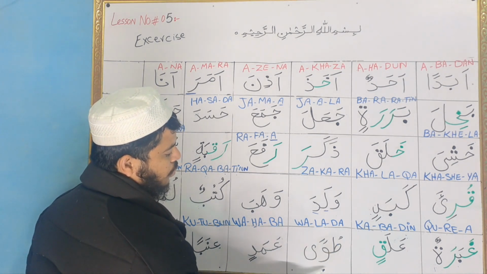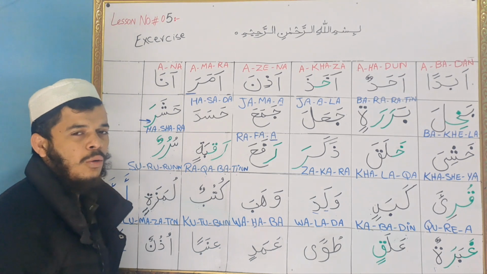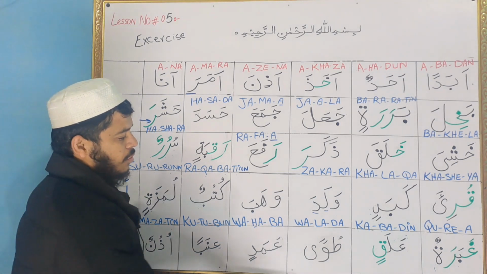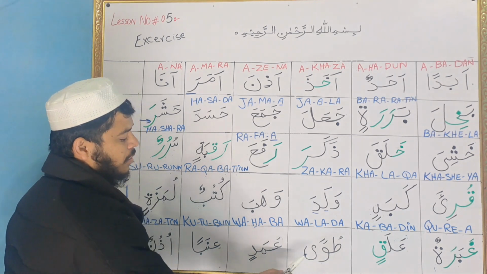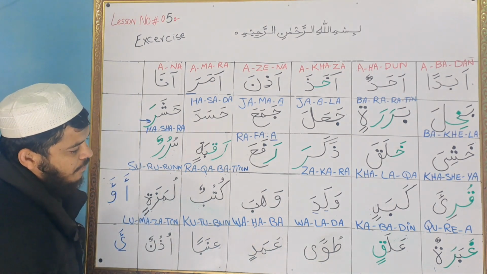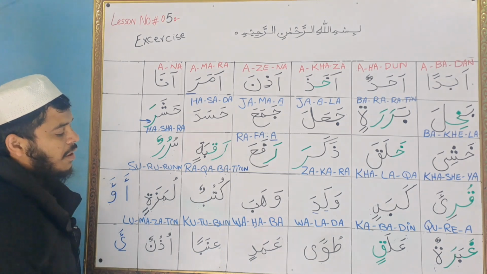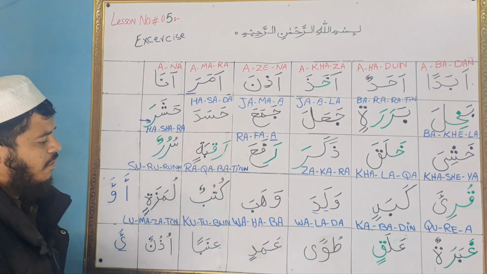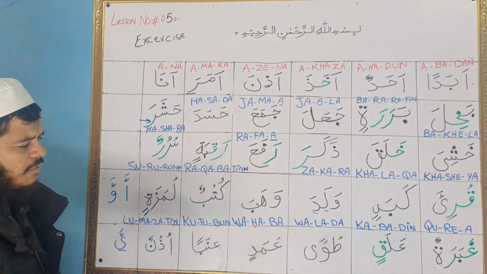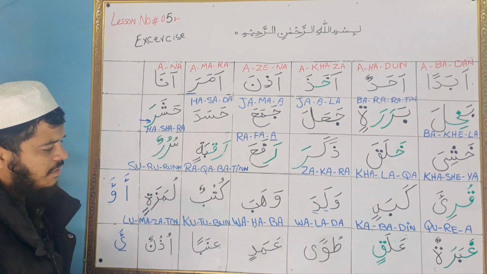Ta dhamma tu, waw two fathas, wan, tu, wan. Okay, there is no sign on ya, so ya will be silent. Basically it comes just to make. Okay, we will discuss these things in our next lesson.